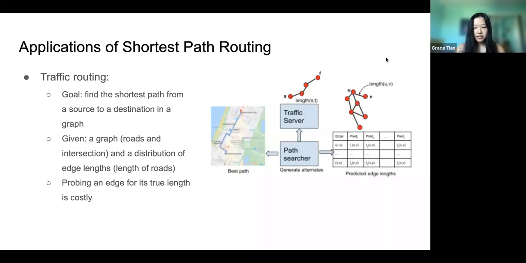So here the traffic network is represented as a graph, and we're given a distribution of edge lengths, or the lengths of the roads. Because probing an edge or a certain road length is costly, we only have access to a probability distribution. And we can use this to find the shortest path to some degree of certainty.